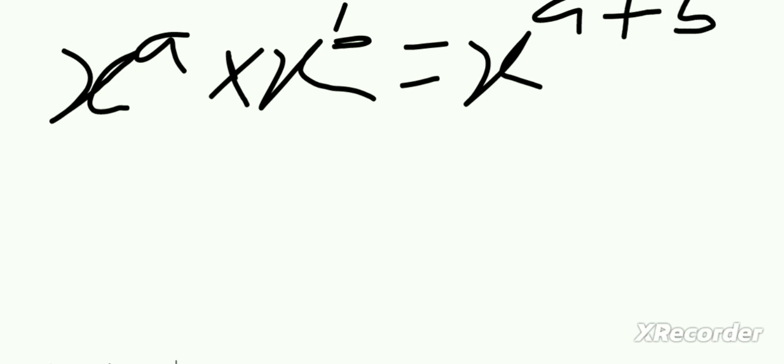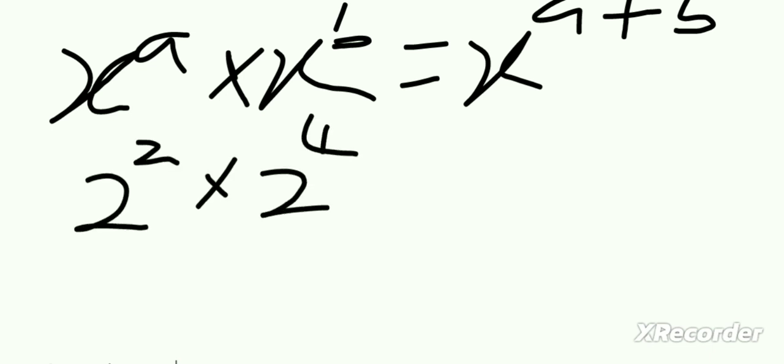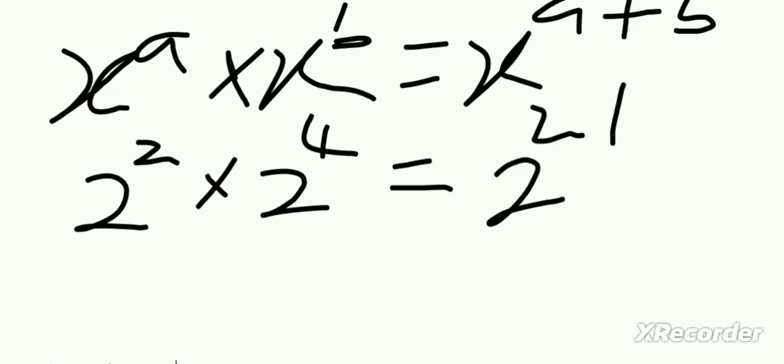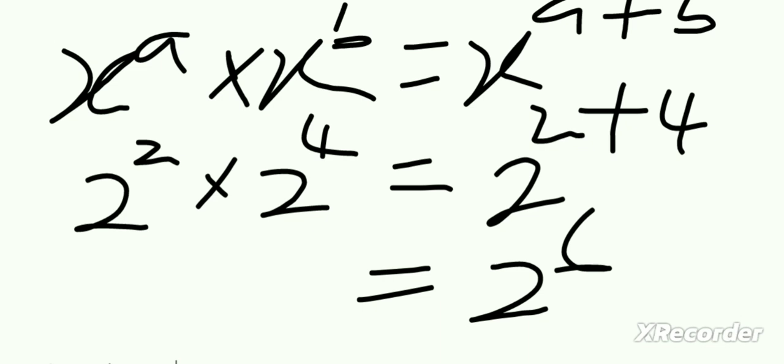So this means that if we are given 2 to the power of 2 times 2 to the power of 4, for example, this gives us 2 to the power of 2 plus 4. Simply add up the exponents. The reason we are adding up the exponents is because the bases are the same, 2 here and 2 here. This gives us 2 to the power of 6.